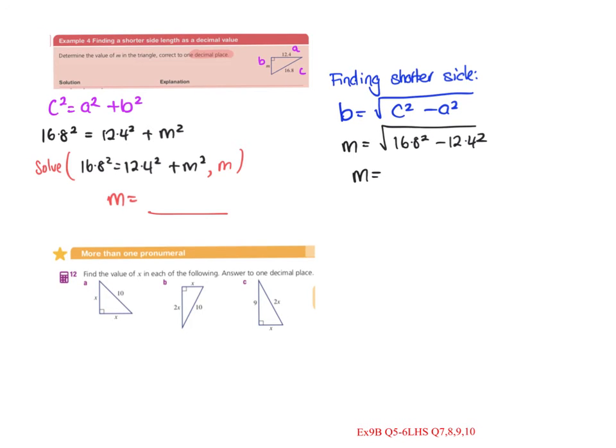Let's do that on our calculator. Okay, I find the answer to be 11.334 and so on. When we're finding one decimal place, we look at the second one. If it's 5 or above, it goes up. If not, it stays the same. So your final answer here will be m equals 11.3.